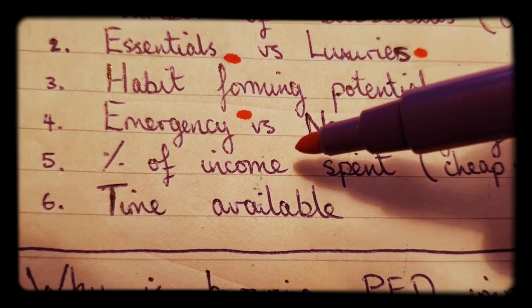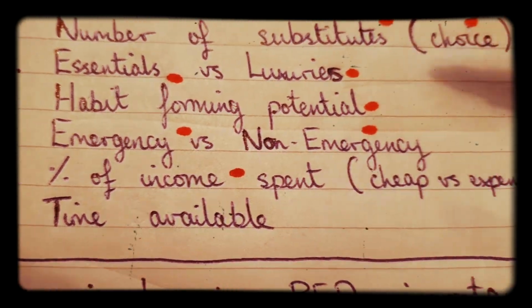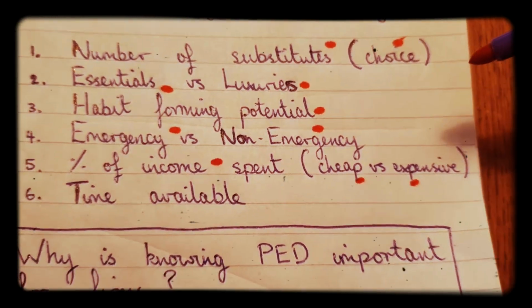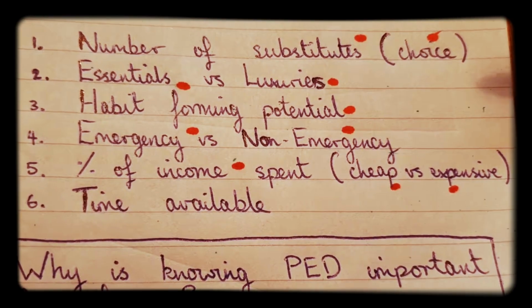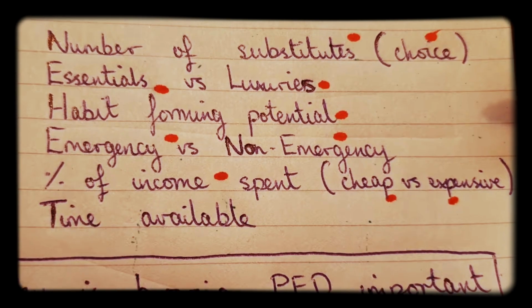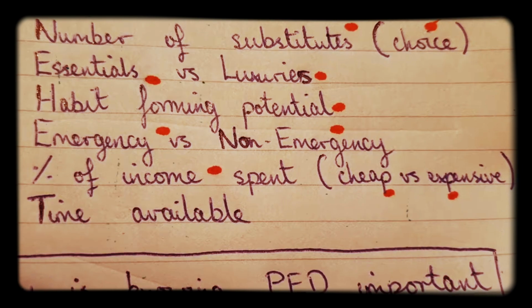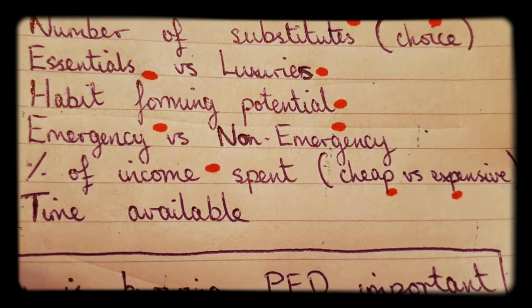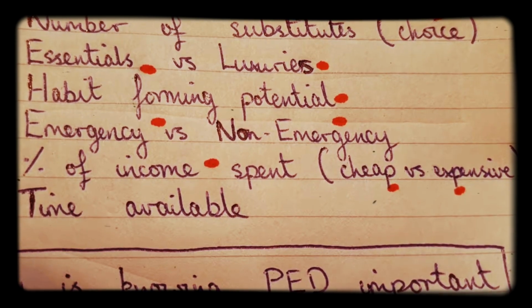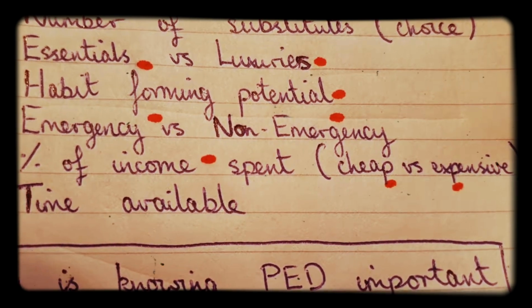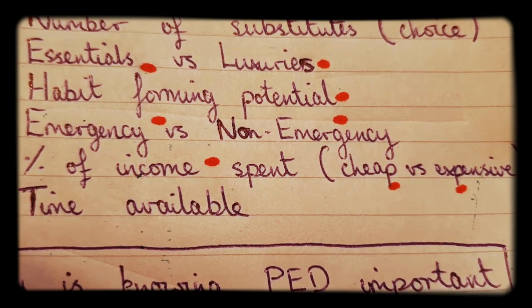The other thing is the percentage of income spent. So basically how cheap or expensive something is, or how you perceive it to be. For example, a box of matchsticks is very cheap. If a box of matchsticks goes up in price, it's very unlikely you're going to stop buying matchsticks. So for something that's very cheap to begin with, if it goes up in price, it's generally price inelastic.